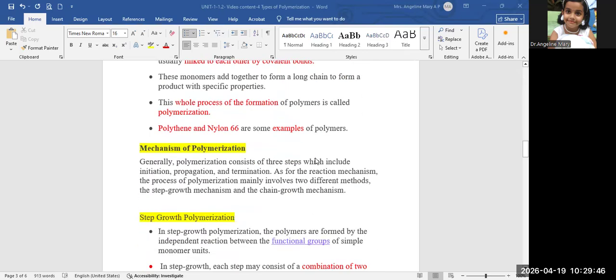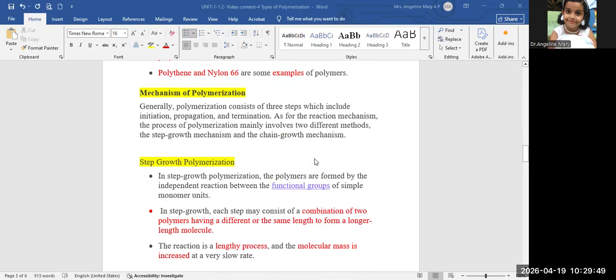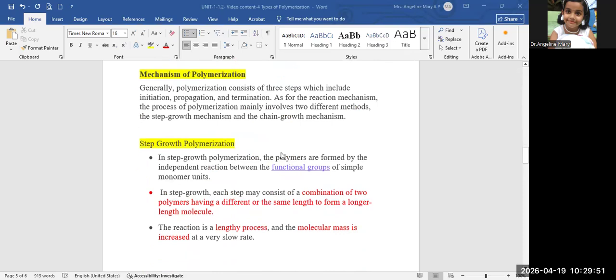The next topic is the mechanism of polymerization. Generally, polymerization consists of three steps: initiation, propagation, and termination. These are the main three steps involved in polymerization.